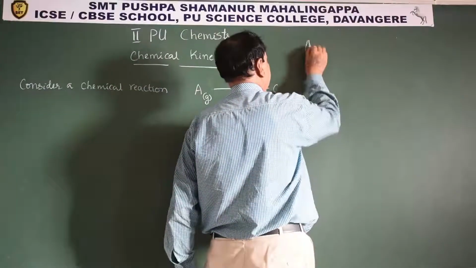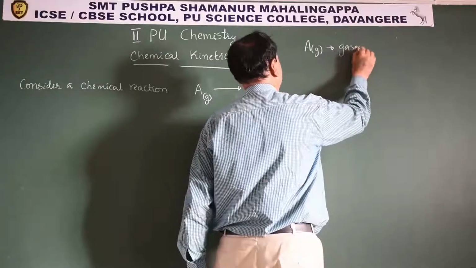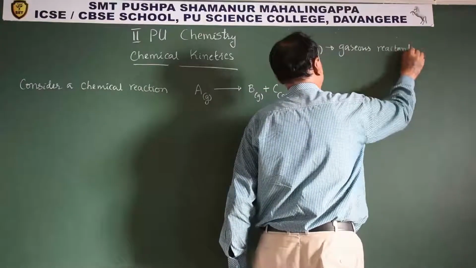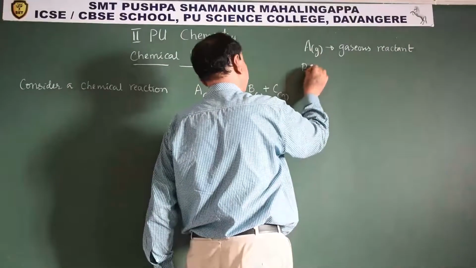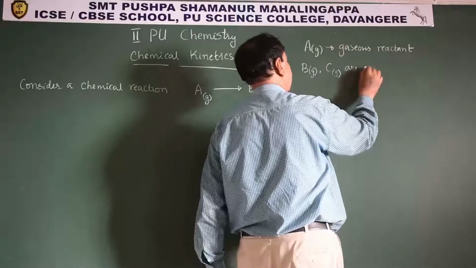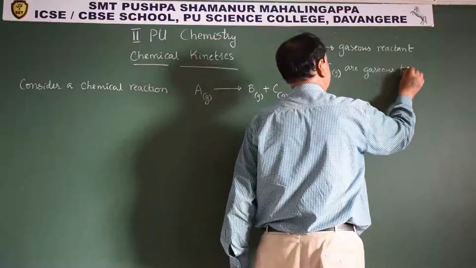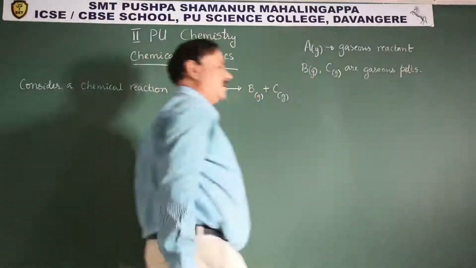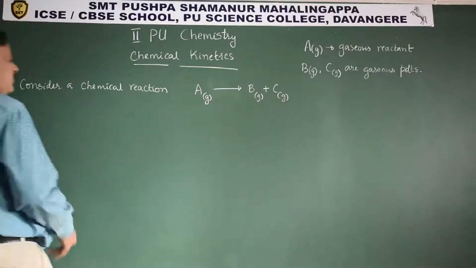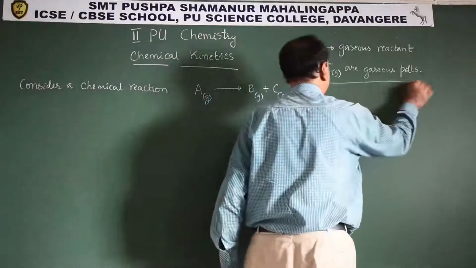Whereas A(g) is a gaseous reactant, and B and C are gaseous products. Now in terms of the gaseous products, concentration is expressed in terms of partial pressures.